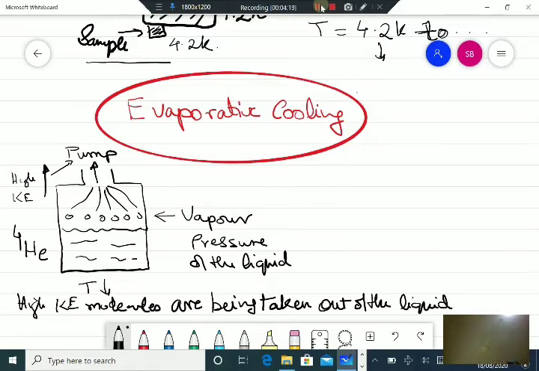This is the method of evaporative cooling.